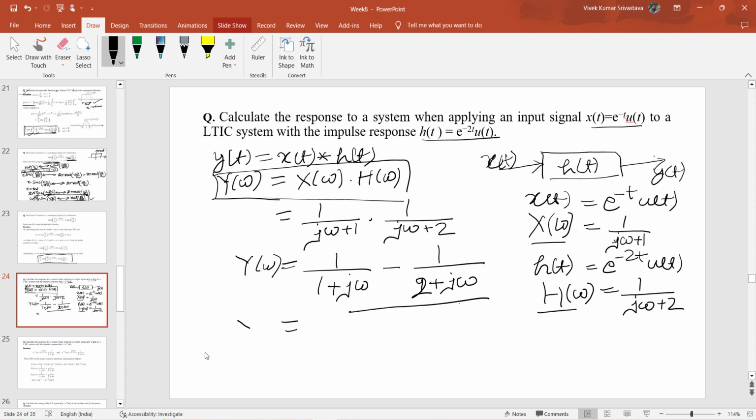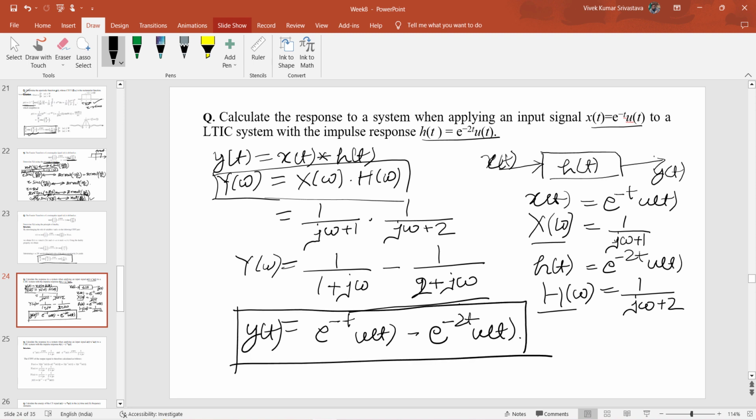Now I can take the inverse Fourier transform. By using the inverse Fourier transform we can write it as e raised to the power minus t into u of t minus e raised to the power minus 2t into u of t. So this is nothing but y of t. This is the response of this linear time invariant system when x of t is equal to e raised to the power minus t into u of t.